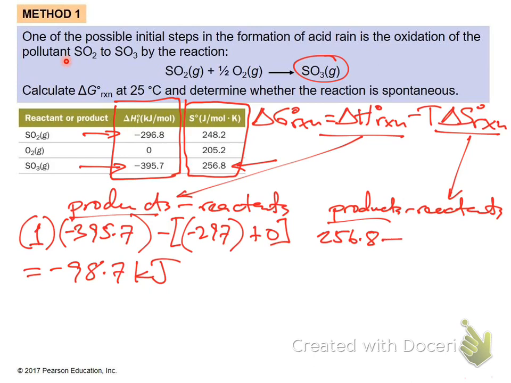So that's 1 times sulfur dioxide, which is 248.2, plus oxygen, which is 1/2 times 205.2.